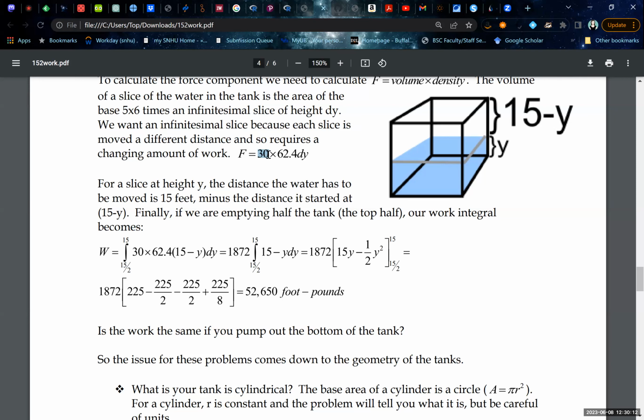But when we calculate other sizes of tanks, other configurations, then the cross-sectional area is going to change for every slice. And so we want to look up how we replace that 30 in this problem with different configurations of tanks. How does that cross-sectional area alter? Rather than set up a whole bunch of different problems, we're just going to talk about that one particular issue because that's the only thing really that changes.